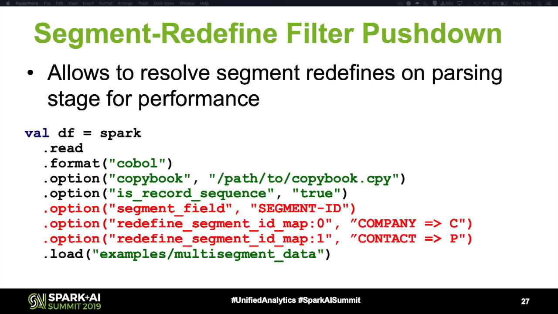It will work, but it will work slowly, because Cobrix will try to parse every segment for each record. So you can speed up the process by providing the mapping between the redefined field name and the segment ID. I won't go deeply into details about that. You can look at the documentation, but it's very important that you know it. If you have dozens of segments, it will speed up the process to a big extent.